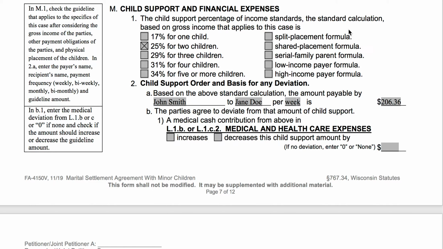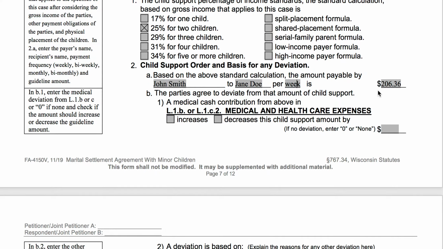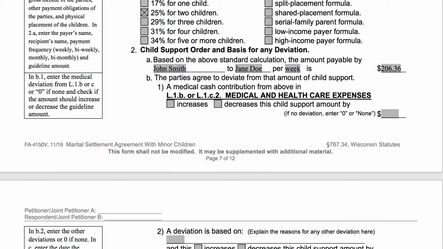And again, the calculators do it monthly, so you'll have to do that same little jig I did, multiplying by 12 and dividing by 52 to get a weekly number. If above, when we were talking about health insurance, you said we're going to have a cash contribution from the person who is paying to the person who is receiving, you'll include that here.